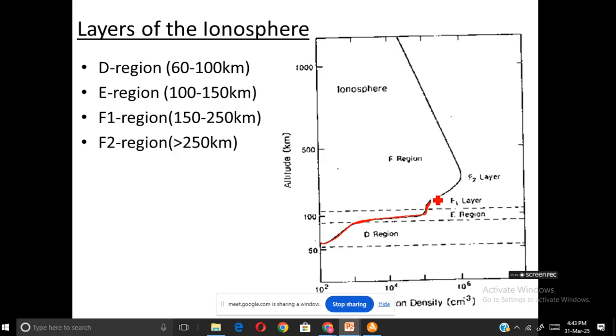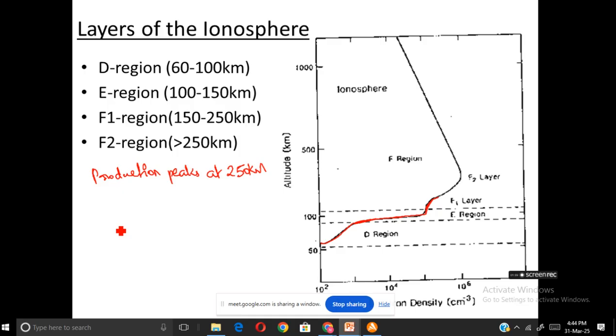The peak production of electrons and ions in the ionosphere occurs at around 250 kilometers.